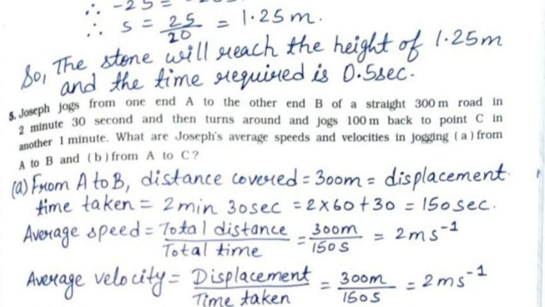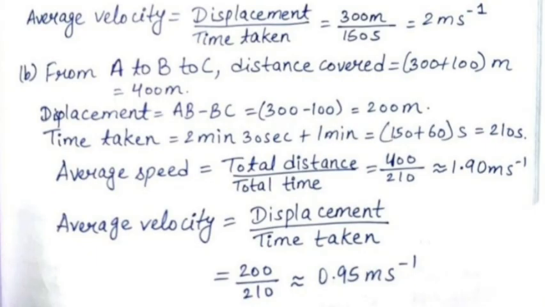What are Joseph's average speeds and velocities in jogging? First, from A to B and second, from A to C. So, you can see the answer for both the options, that is from A to B and from A to C. And you can complete it in your workbook.